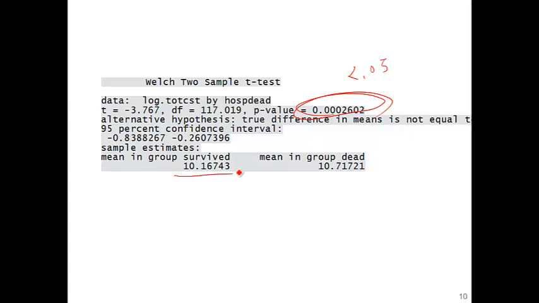And here you have to be a little bit careful. What is this? This is the average log cost in survived and in deceased. And the log of the cost is hard to interpret, so you are better off taking the anti-log and putting it in the original scale. And how can you anti-log?